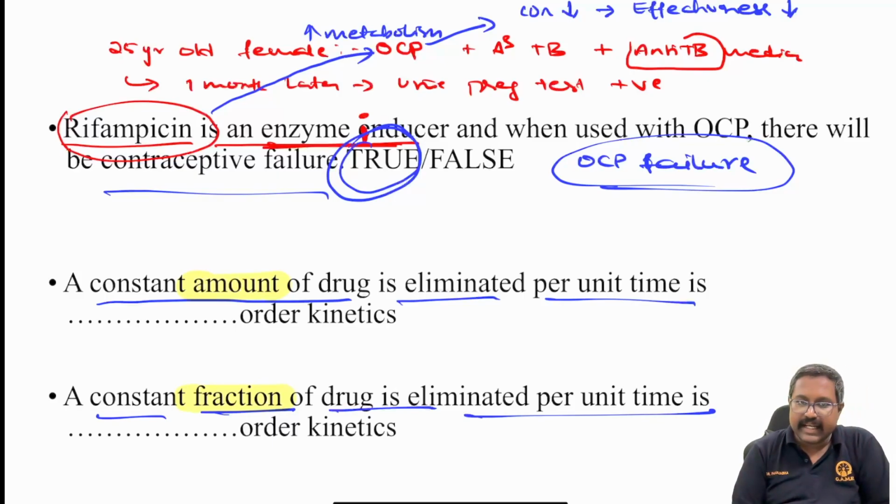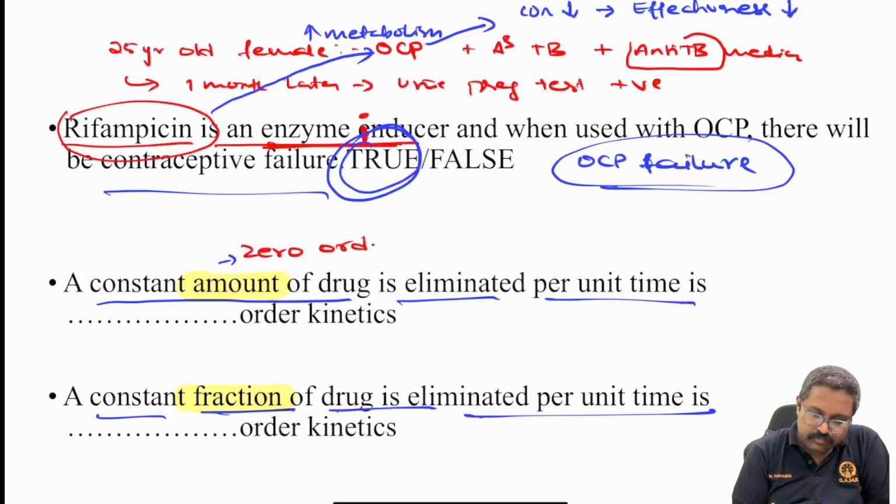So if they are talking about the amount of drug, you need to go with zero order kinetics. Why? In the word amount you have an O. O means 0. So a constant amount of drug is eliminated per unit of time in the case of zero order kinetics. Whereas if a constant fraction of the drug is eliminated, how can you remember?